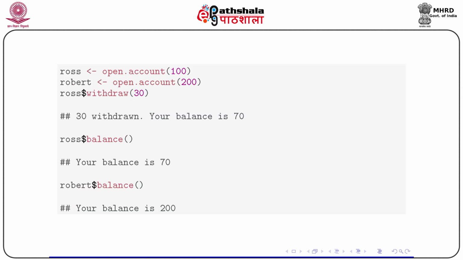So this is a function that I defined, and suppose Rose opens an account of 100, Robert opens an account of 200, and Rose withdraws 30. Then the balance is 70, so Rose's balance, if you want to see, is 70, and Robert's balance is 200.